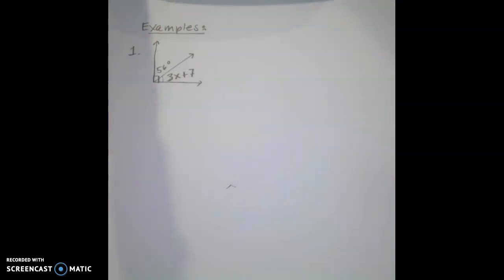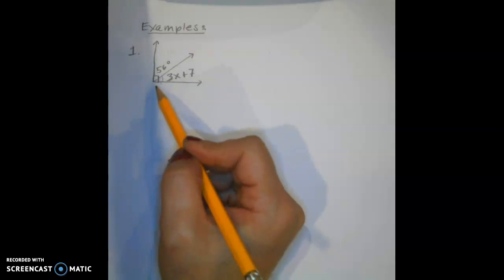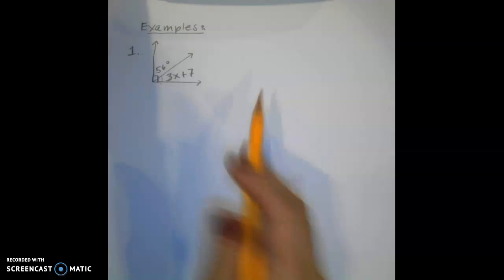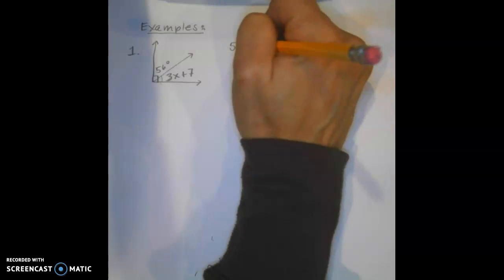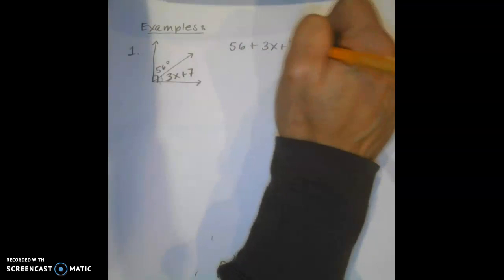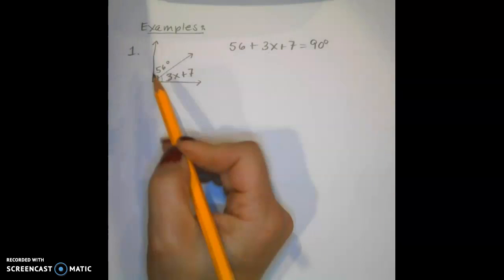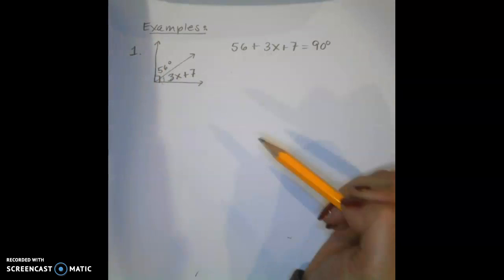Okay, so we have adjacent complementary angles. They add to 90, so we're going to write an equation that indicates that. One angle plus the other angle equals 90 degrees. 56 plus 3x plus 7 equals 90.